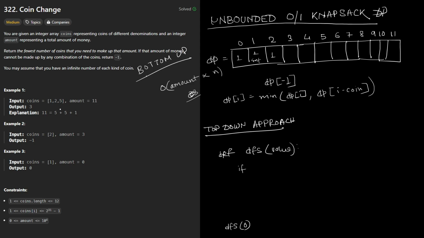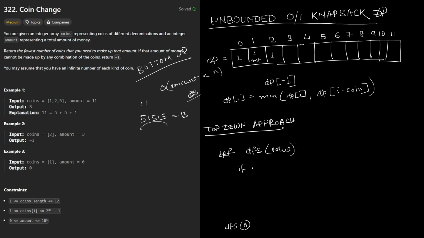The first base condition is in case our current value is going to exceed 11. Let's say we have to form till 11 value, but we have taken 5 plus 5 plus 5, and we have reached 15. So we have gone out of bounds.